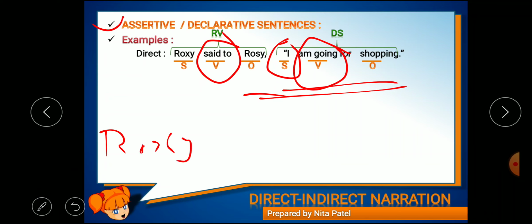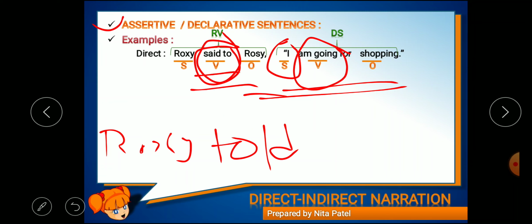Now, said to: an object is there, so that is the reason said to is used, right? So wherever an object is there in the sentence, just use told, don't use said to. If an object is not there, then you can use said, but here an object is there in the RV's clause, so we will not use said.